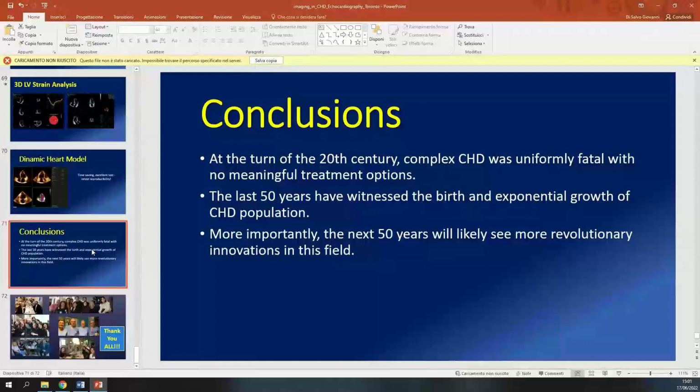So in complex congenital heart disease patients, we have normal values for patients with a normal heart or without congenital heart defect, but all these reference values obtained in patients with a biventricular circulation and normal hearts, no structural heart disease, do not apply to patients with complex congenital heart disease, for instance, patients with subaortic RVs or even a univentricular heart.